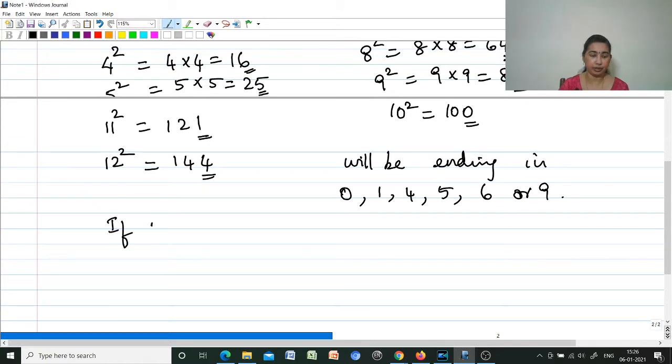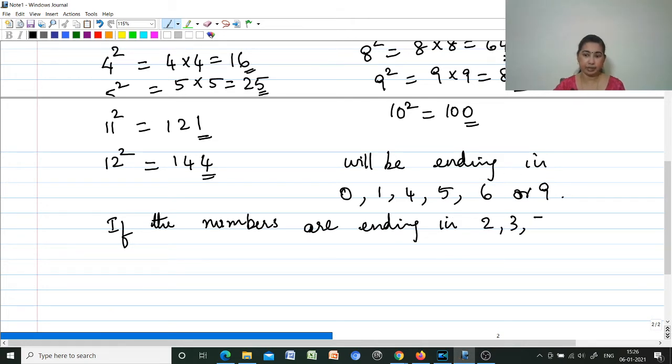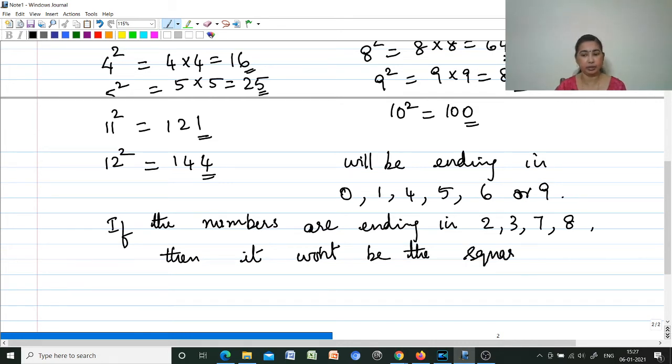If a number ends in 2, 3, 7 or 8, these 4 digits, then it won't be the square of any number.